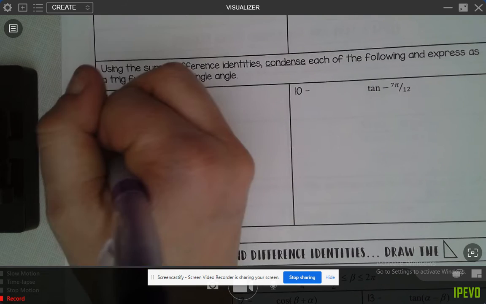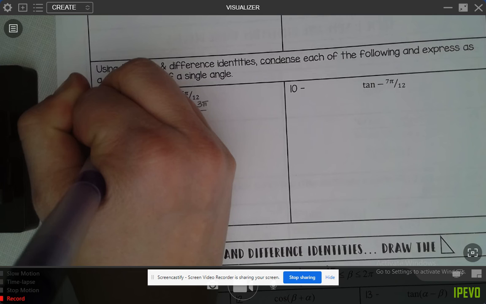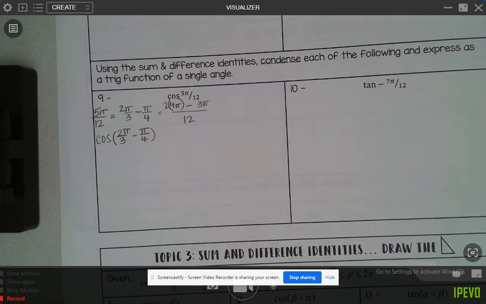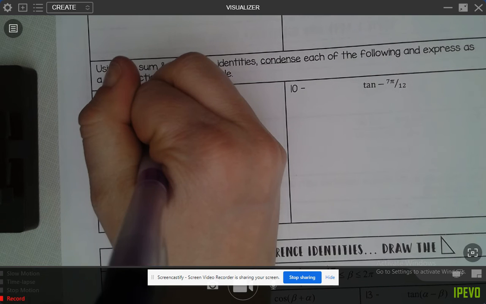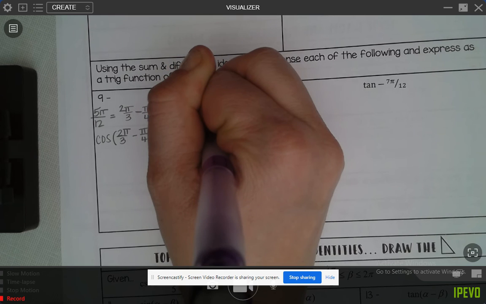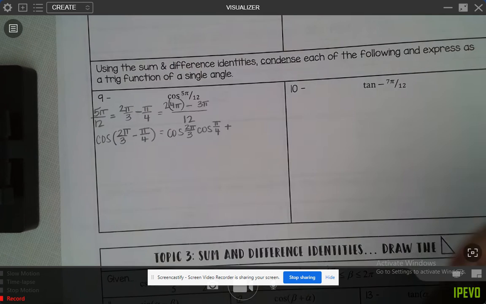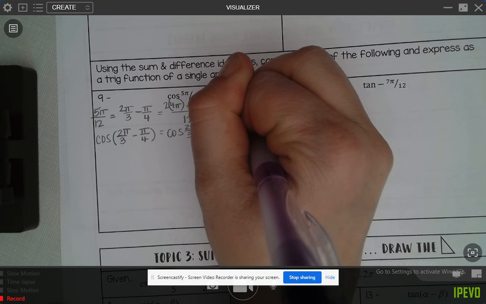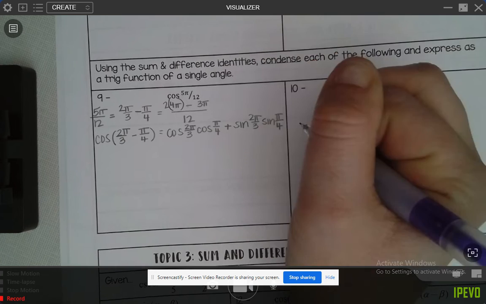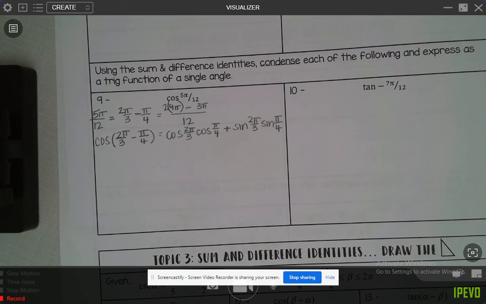This is the cosine of 2 pi over 3 minus pi over 4, which is cosine 2 pi over 3 cosine pi over 4 plus sine 2 pi over 3 times the sine of pi over 4.